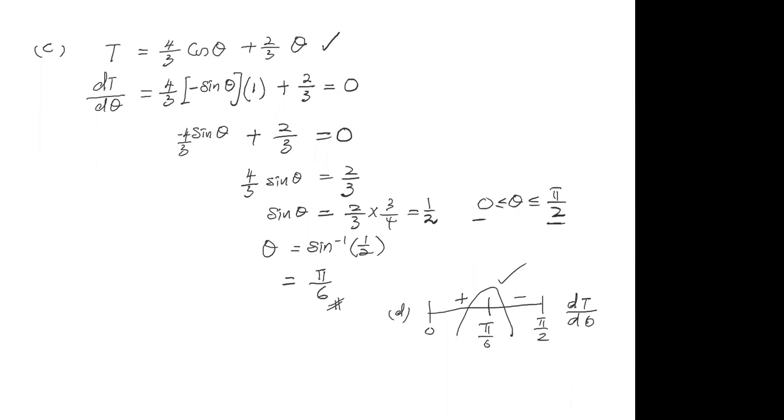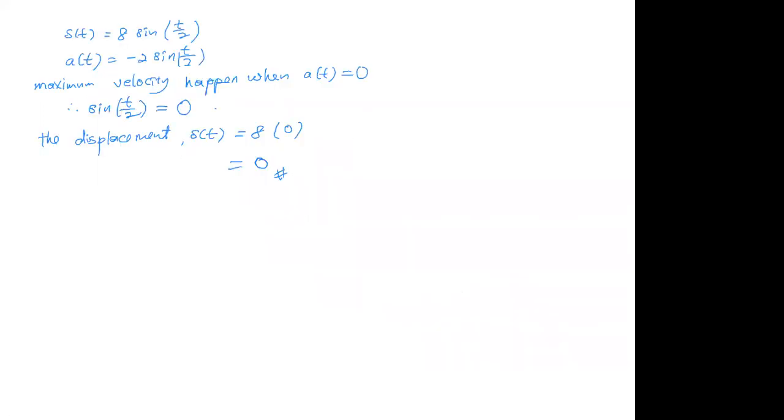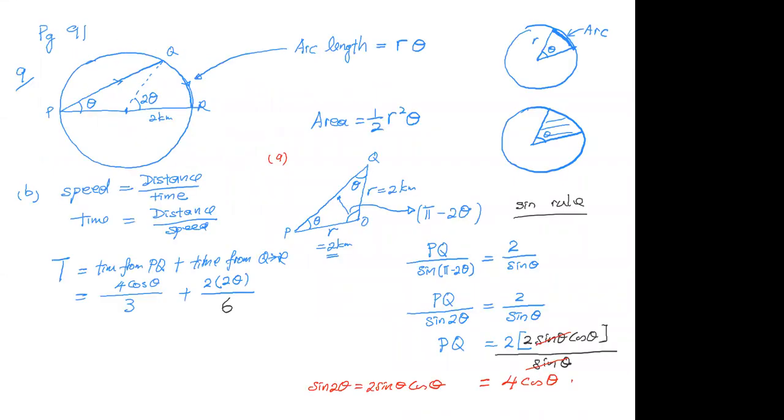Miss, can you go back to the previous slide, please? Which one? I want to ask you about the arc length question. For the arc length, for that one, how do you get 2 times 2 theta over 6? Where do you get the 2 theta from?